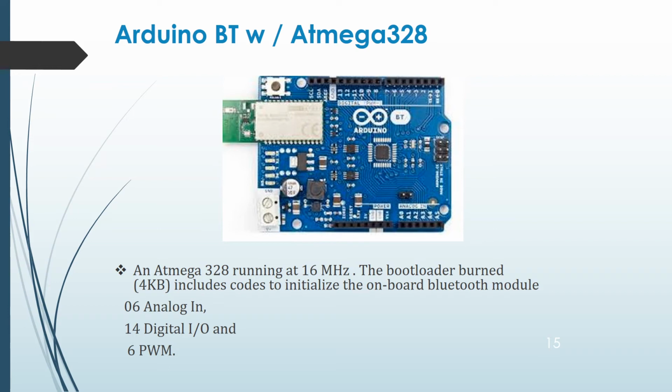Nextly, the bootloader. As we have seen in detail what a bootloader is, the bootloader here is burned with 4 KB, which includes code to initialize the onboard Bluetooth module, and it is having 6 analog input with 14 digital input output and 6 PWM.